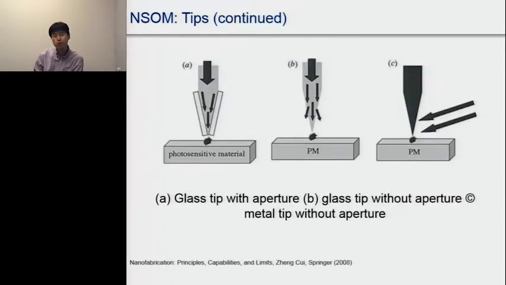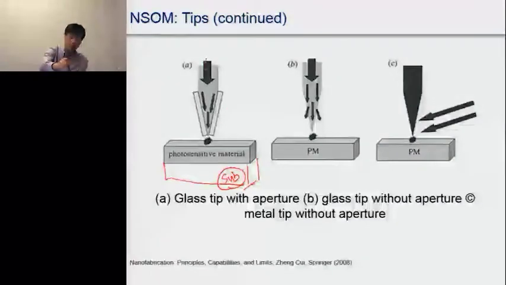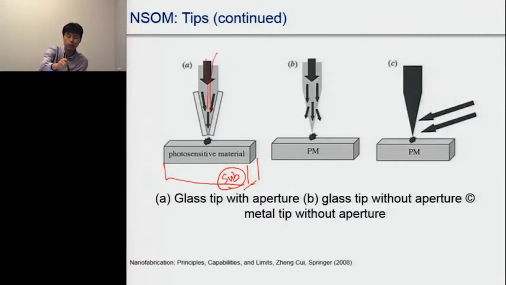So when we use NSOM for lithography, it is very similar to the traditional way. On a substrate, we coat photoresist, which is a photosensitive material. In the case of the apertured tip, we can simply apply UV light through the tip.